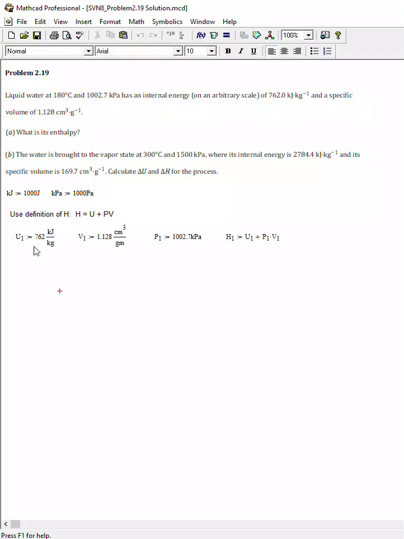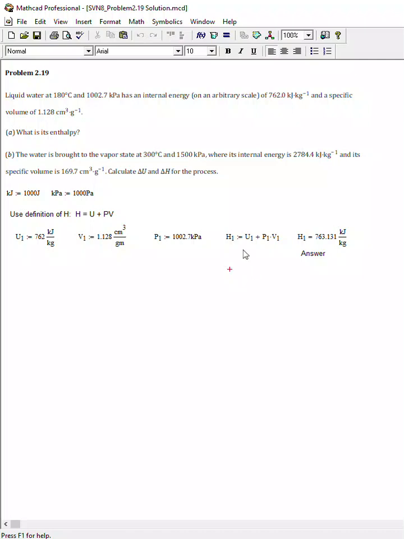We enter our U1, we enter V1, and again notice in MathCAD grams is GM, because G by itself is the acceleration due to gravity. We enter the pressure, we define the equation for enthalpy, and then we get our final answer of 763.1 kilojoules per kilogram.